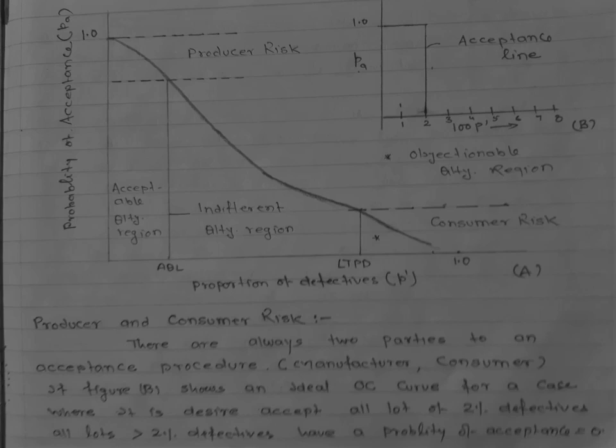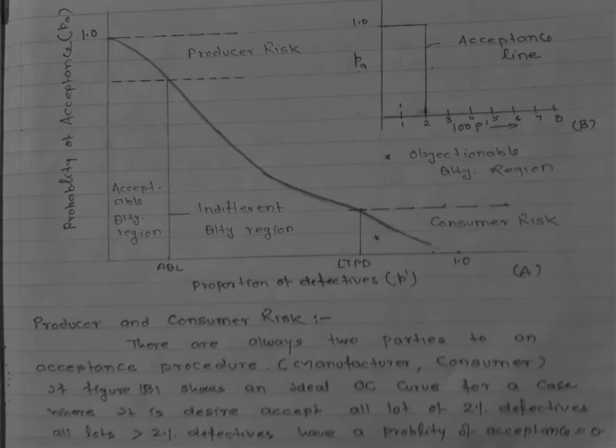Now first we discuss the producer risk. Sometimes the quality is good, still from the sampling plan some lots are rejected. That means we take the sample from a lot, inspect all the components of the sample, and if the deviation is more than the set limit, then the whole lot is to be rejected.